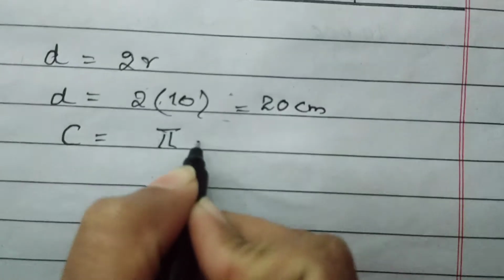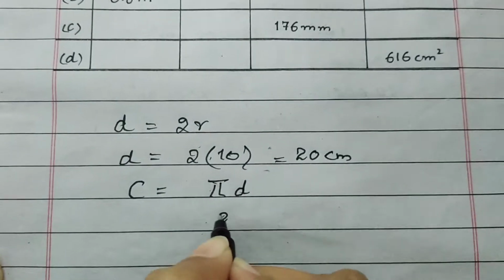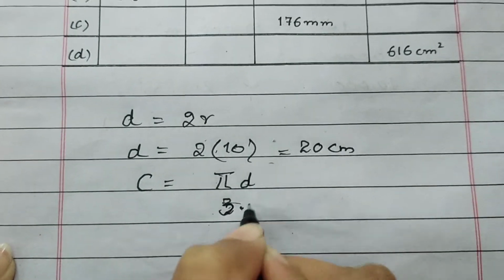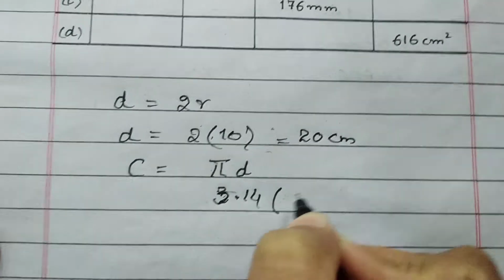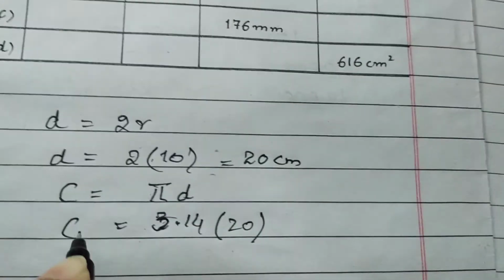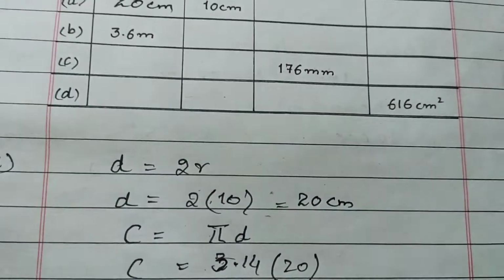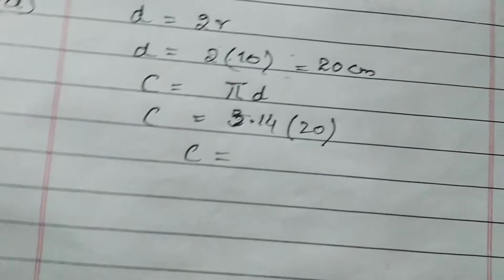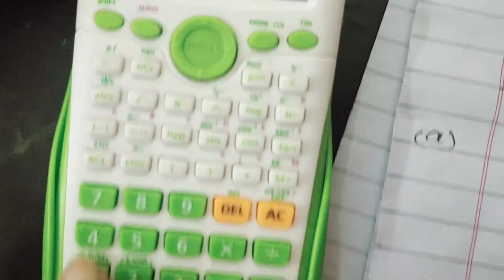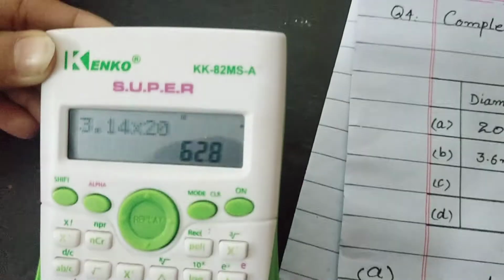If we put pi multiplied by d, pi is equal to 22 over 7 or 3.14 multiplied by d is equal to 20. And when we will solve, C is equal to 3.14 multiplied by 20 and it will be 62.8 centimeter.